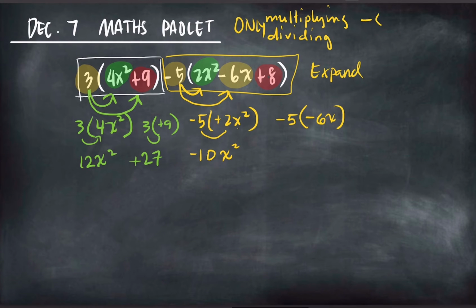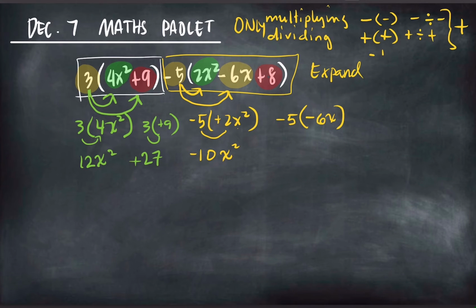If the signs are the same, negative times negative or negative divided by negative, positive times positive or positive divided by a positive number, the answer will always be positive. Okay? If the signs are the same, it's positive.